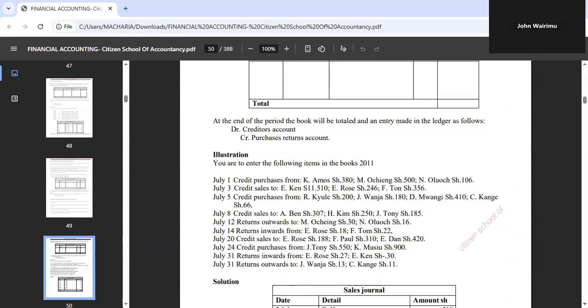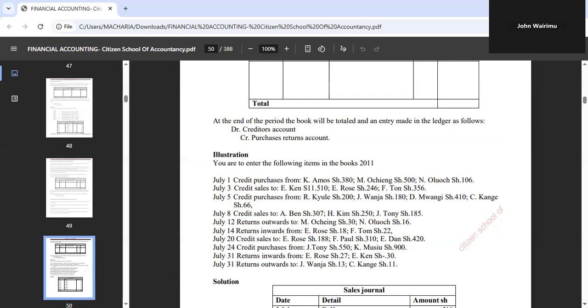I mentioned to you that you need to have a book, a calculator, and a pen, and I want you to attempt this question. You're told that you are to enter the following items in the books of 2021: credit purchases, credit sales, return inwards, return outwards.